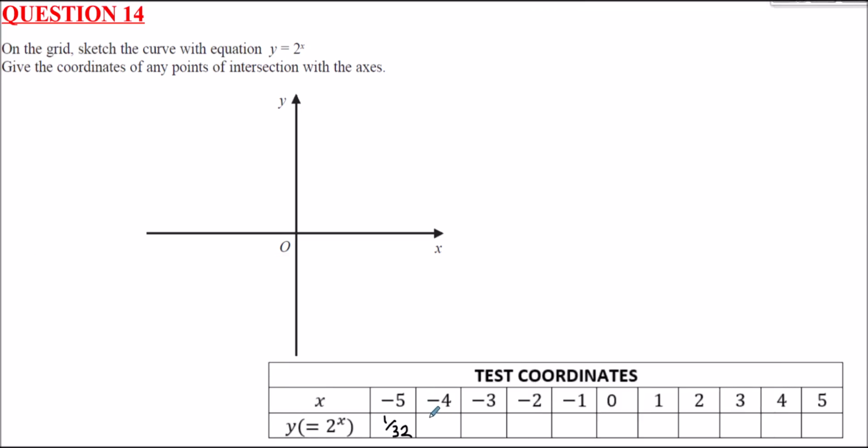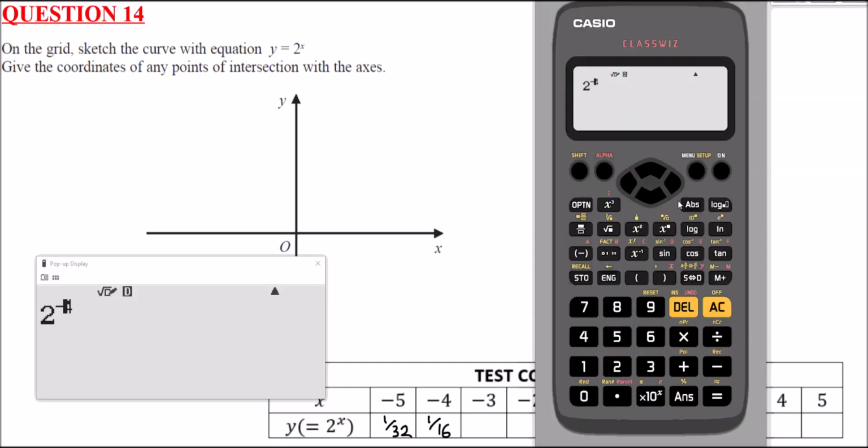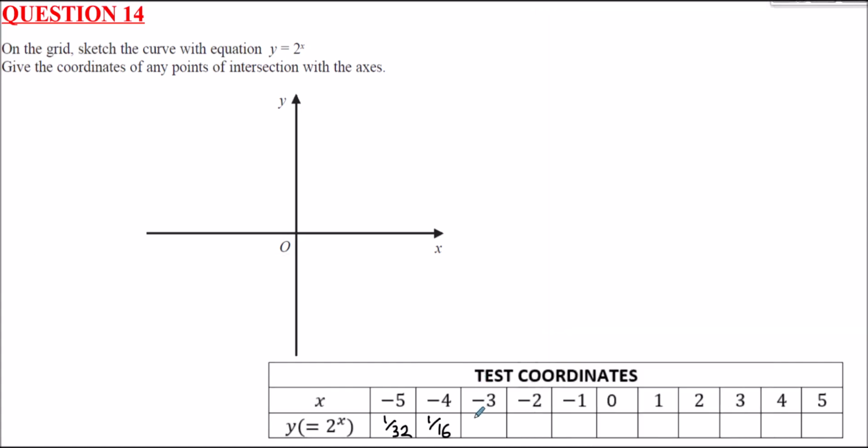That's 1 over 16. When it's -3, you'll probably spot a pattern if you haven't done already. Got 1/8. So look at these numbers halving each time. 1/32, 1/16, 1/8. If you try this on a calculator, 2 to the power -2, you get a quarter.